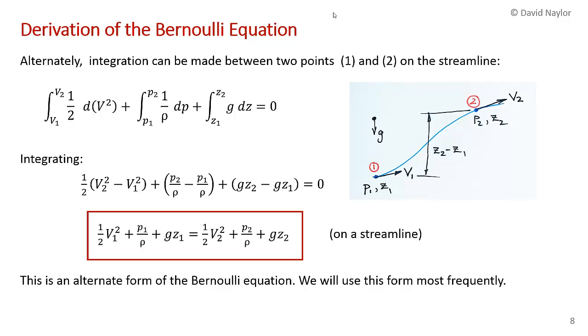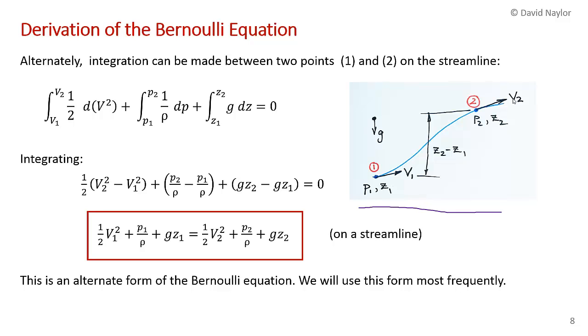Another way to integrate the equation is to perform the integration between two arbitrary points along a streamline. And here I've drawn a streamline, and at point 1 we have pressure p1, elevation z1, and velocity v1. And then as we move along the streamline to some other arbitrary point, point 2, we have pressure p2, elevation z2, and velocity v2.